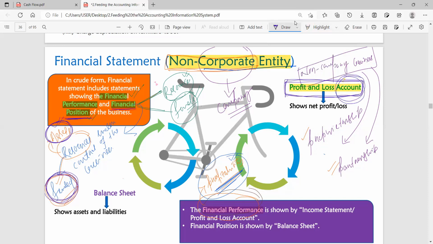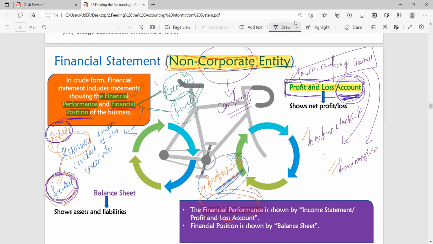But in larger businesses like a company, we call it the statement of profit and loss because we do not prepare it in a ledger format. Rather, we prepare it in a statement format. In smaller businesses, the statement of profit and loss is prepared in ledger account format, so we call it the profit and loss account.